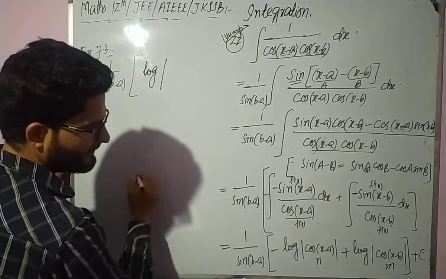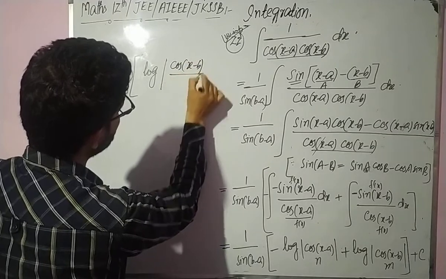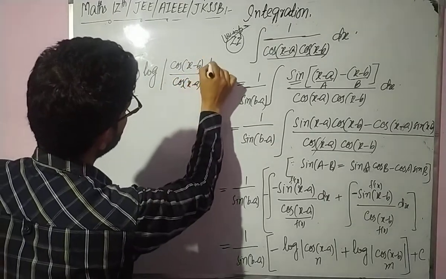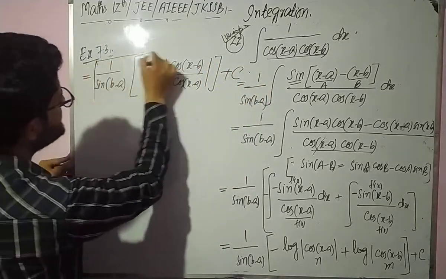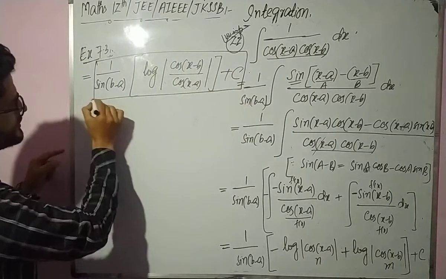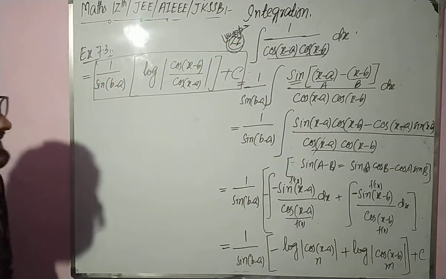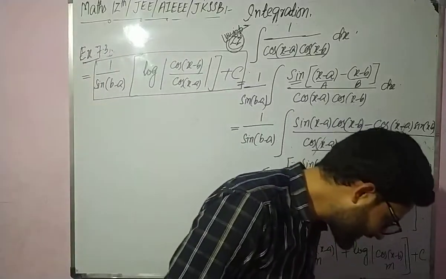So log of mod of, what is m? Cos of x minus b divided by cos of x minus a plus c would be the required antiderivative of the most important question of this exercise, and that is 1 divided by cos of x minus a into cos of x minus b. All about 22.